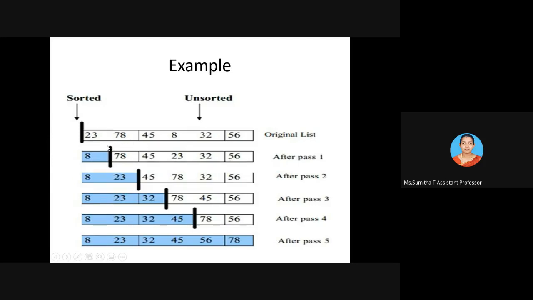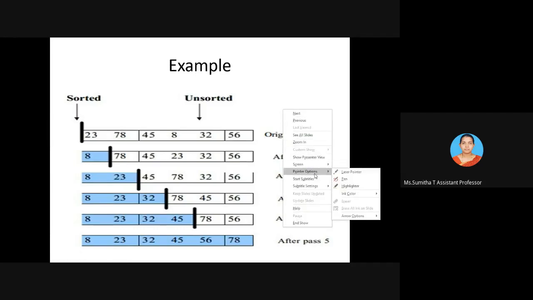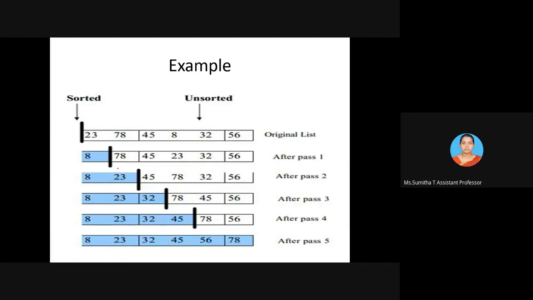This dark line denotes that the elements before the dark line are sorted. In the next step we look at the remaining elements only. In that we pick the smallest one, 23, and place it in the first position of the unsorted list. This is the unsorted list, and here we swap.